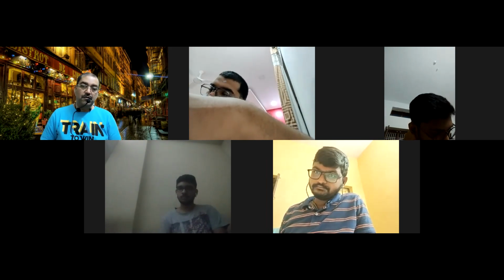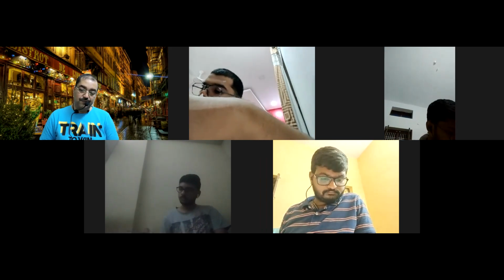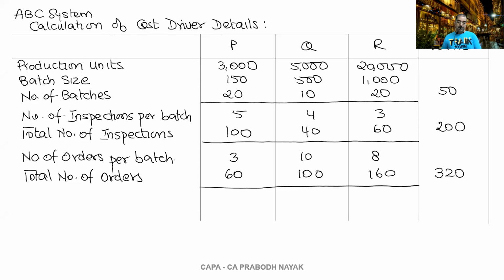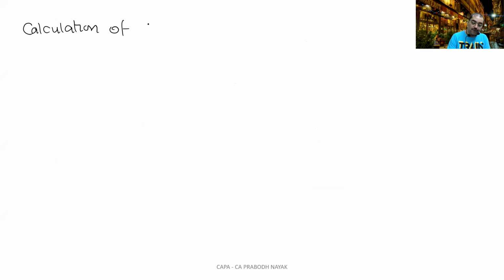Let us start with the machine setup cost. Calculation of cost driver rates.